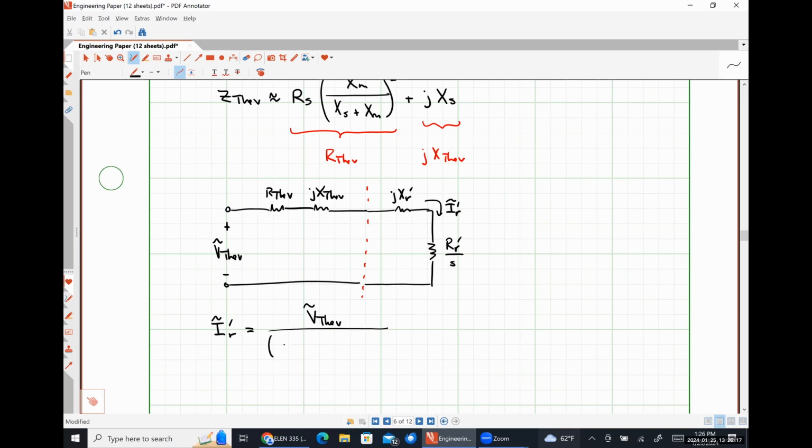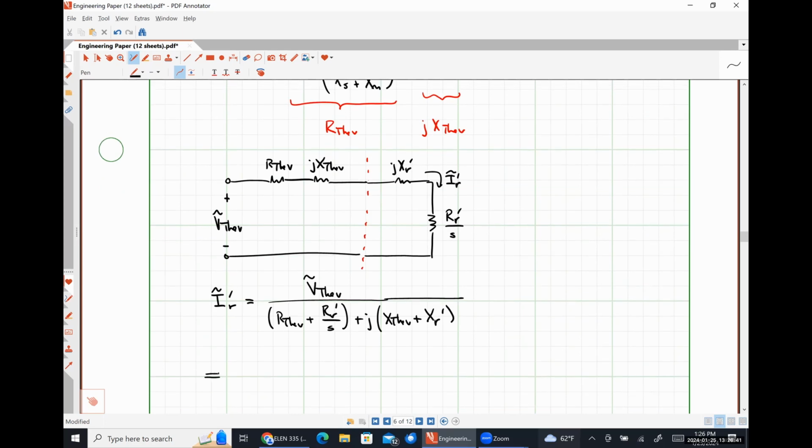So the real part of that is going to be R Thev plus RR prime over S plus J times X Thev plus XR prime.